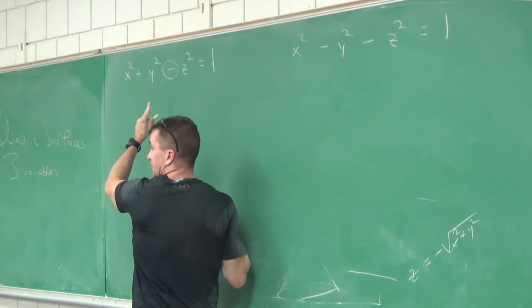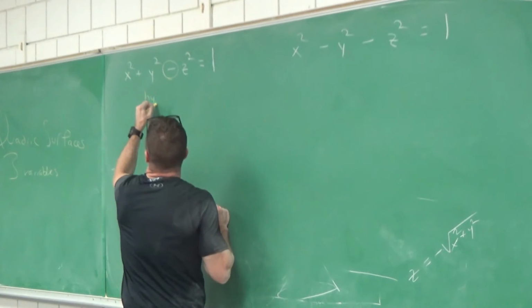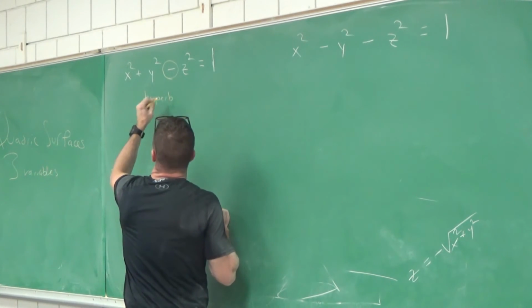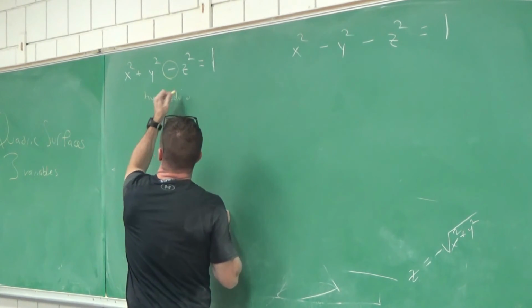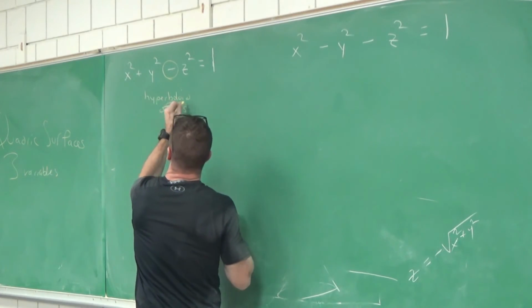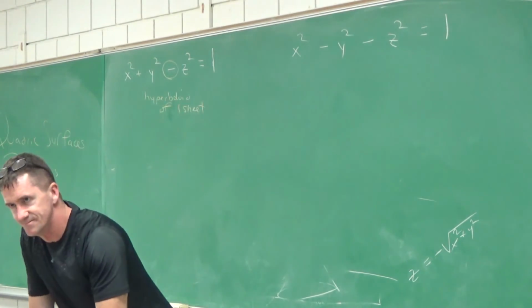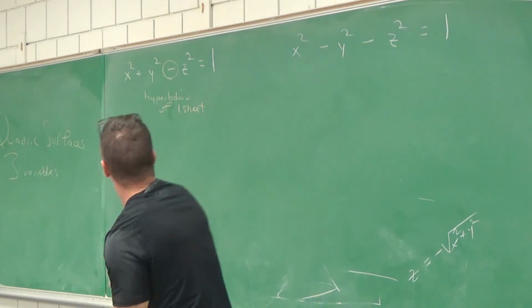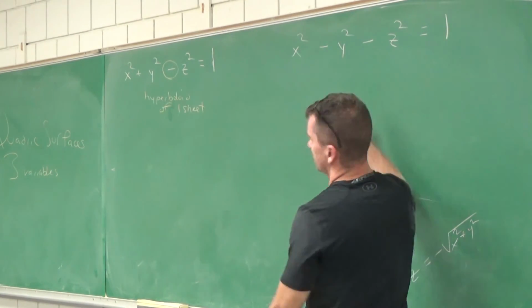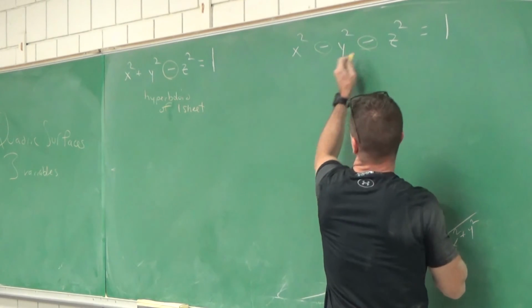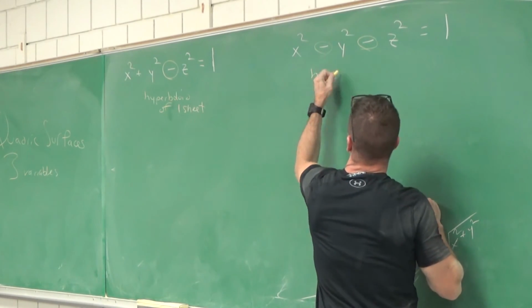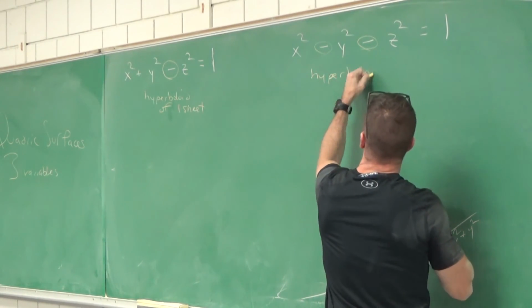So when you see a minus involved, you know this is what we call a hyperboloid. It has one minus. It's a hyperboloid of one sheet. How many minuses did this have? Subtraction signs. So they call this a hyperboloid of two sheets.